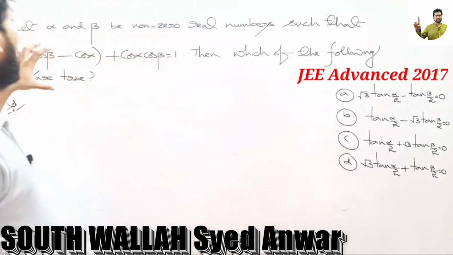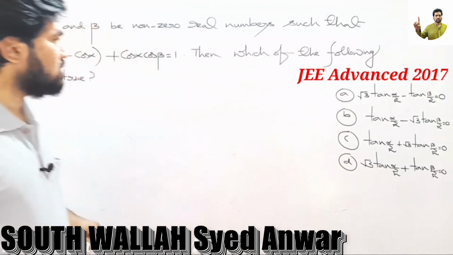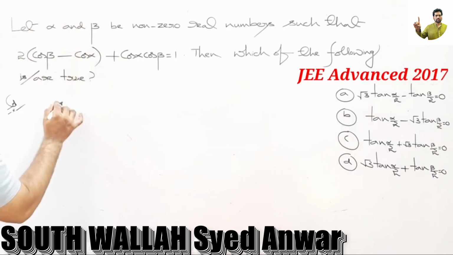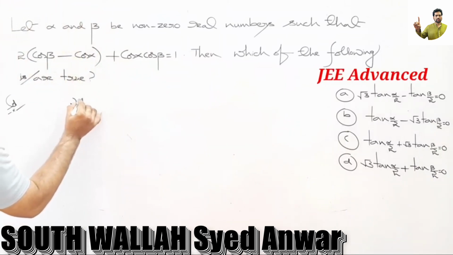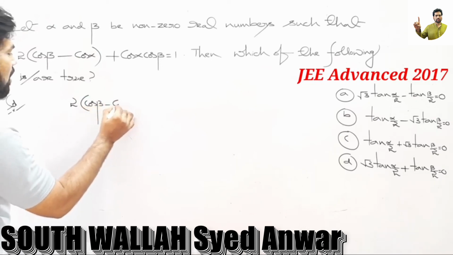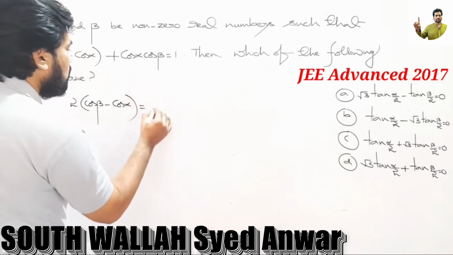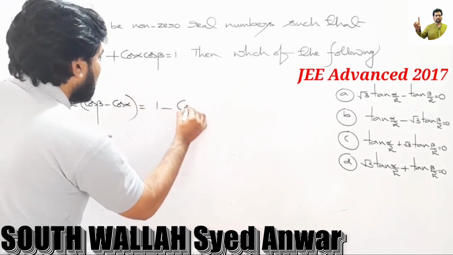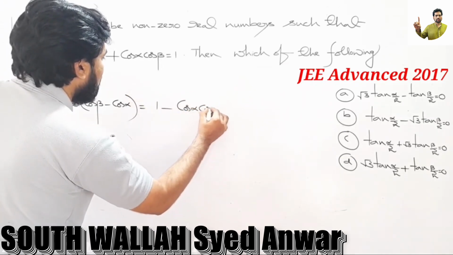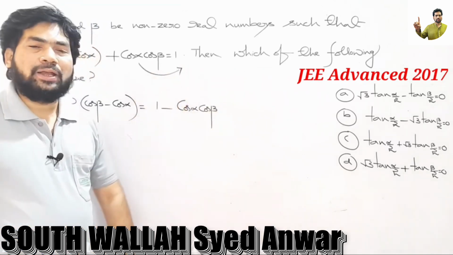Here, alpha and beta are 2 non-zero real numbers such that 2 times cos beta minus cos alpha is equal to, I can write, 1 minus cos alpha into cos beta. That means I have sent this term towards the right side directly.